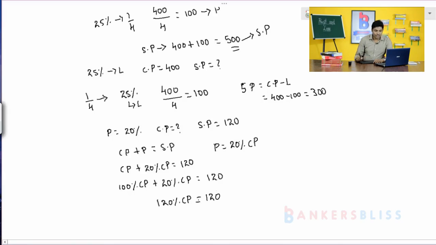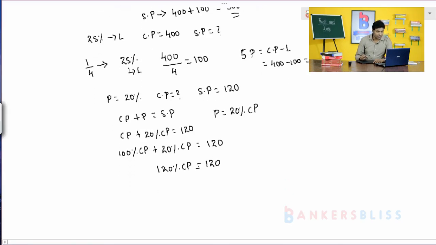Now, if you want to represent 120% of cost price as a fraction, then it will be 120 by 100 into cost price is equal to 120. So, 120 gets cancelled. So, cost price is equal to rupees 100.